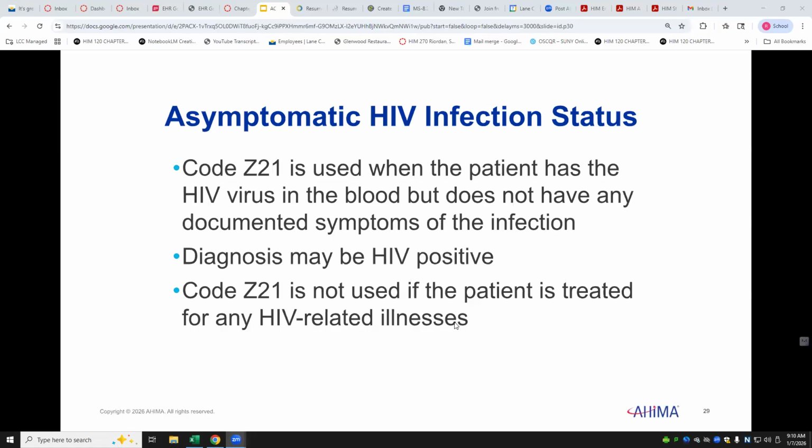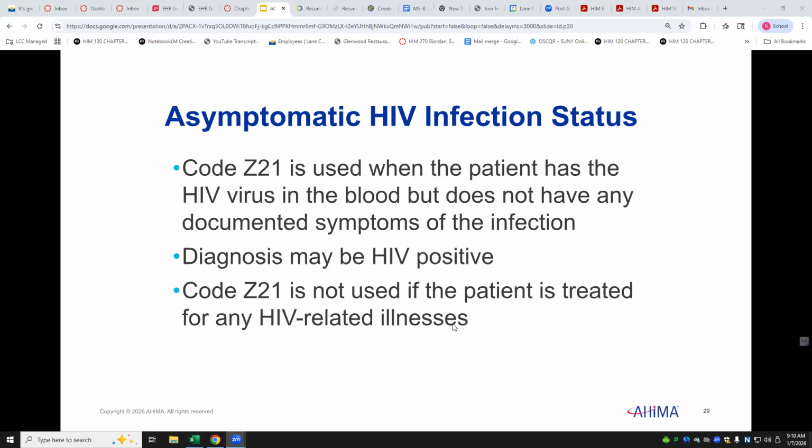When we have an asymptomatic infection status, in other words, they test positive for the HIV, but they don't have the disease, right? They have the virus, they don't have the disease. It's mutually exclusive.